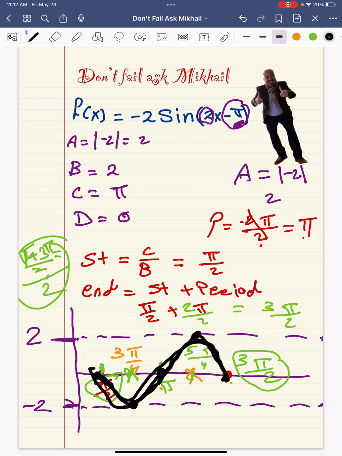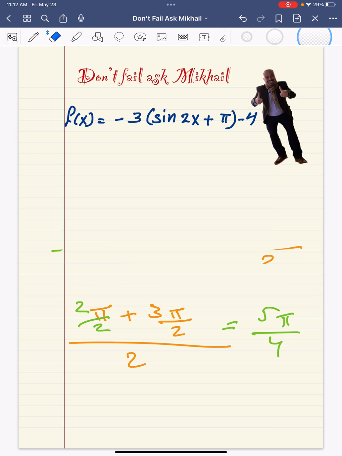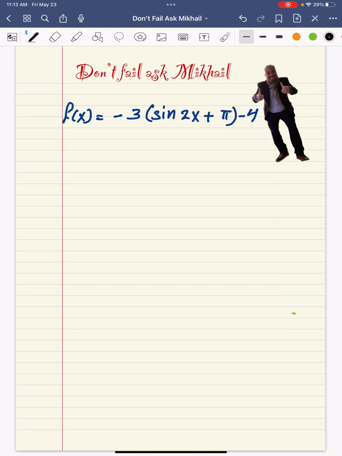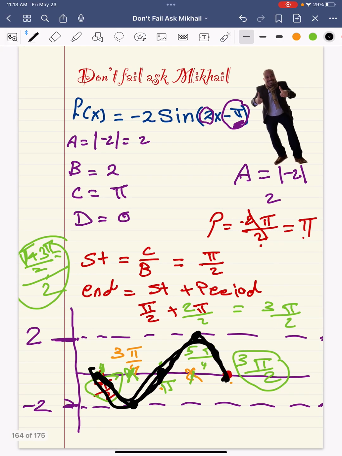All right. Now, last example. I need to find the graph of negative 3 sine of 2x minus pi, minus 4. If I graph this part here, positive 3 sine of 2x minus pi, this graph itself uses exactly the same steps as what we did here.